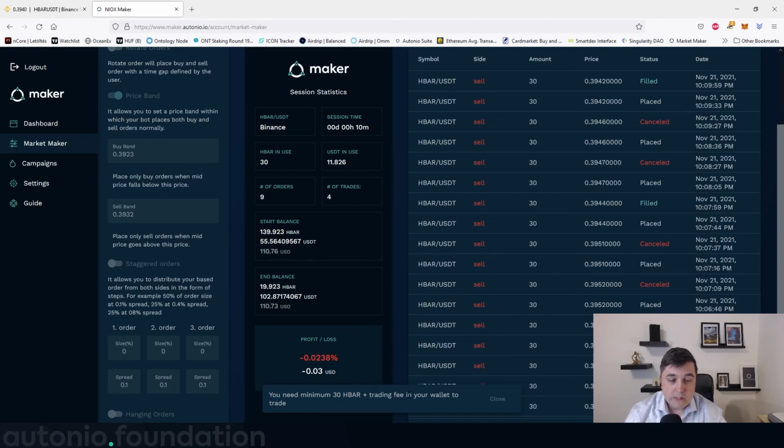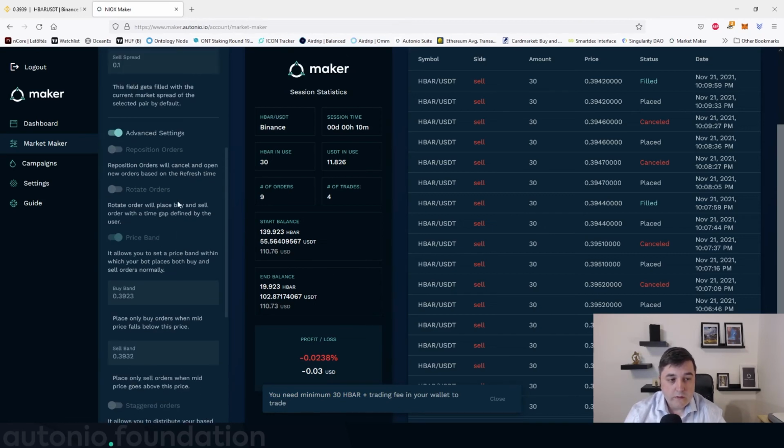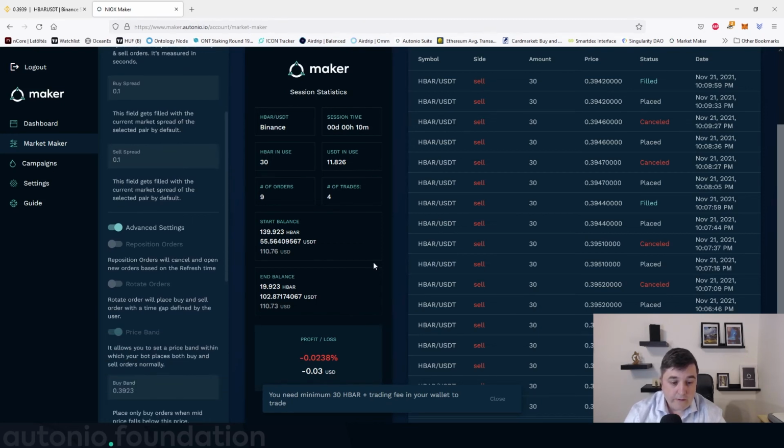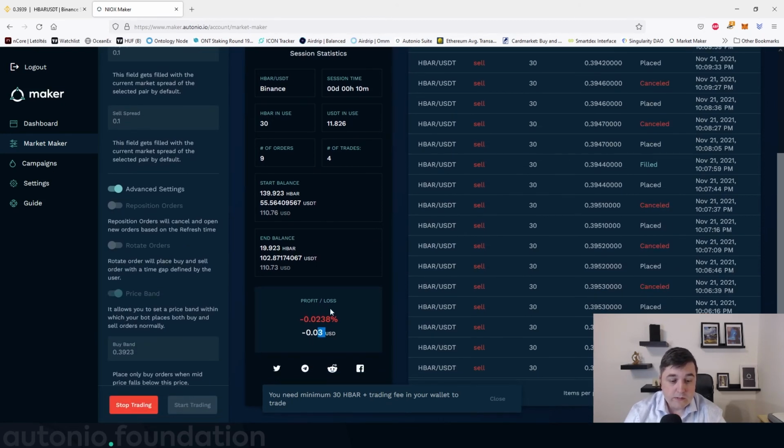This happens if you set your refresh time too low, so you trade a lot and very fast, so you run out of money, and this can generate losses because you cannot buy back your tokens later, because the market maker will just spam you with this error message. So it's advisable to have larger capital on the side and calculate how long you can keep up this position if the trend goes against you.